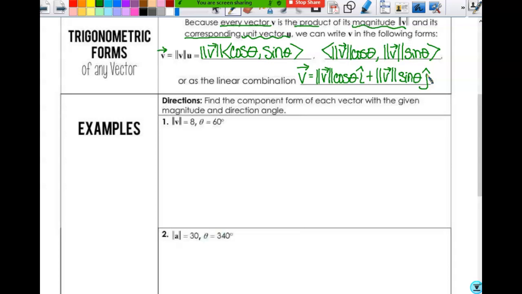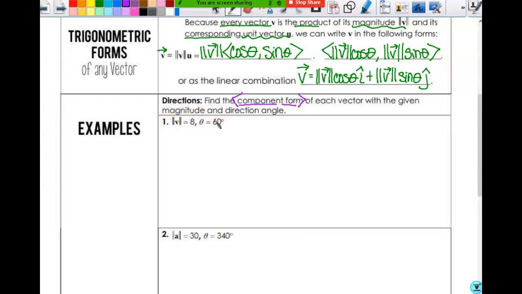So then our directions say, find the component form. Component form of a vector is your pointy bracket form. We're going to find the component form of each vector with the given magnitude and direction angle. So your magnitude is the length of the vector, or the size of the vector, right? That's like r. And then this is like r theta. It's the same thing.